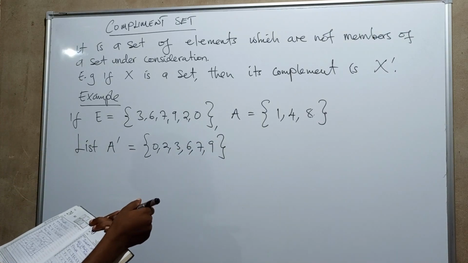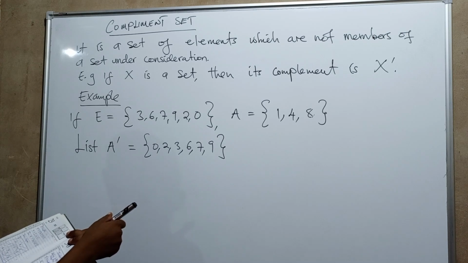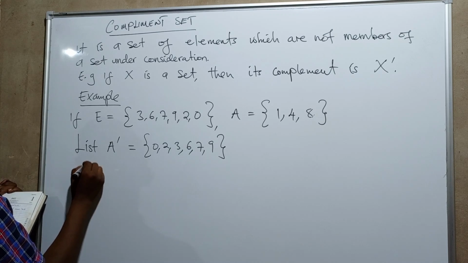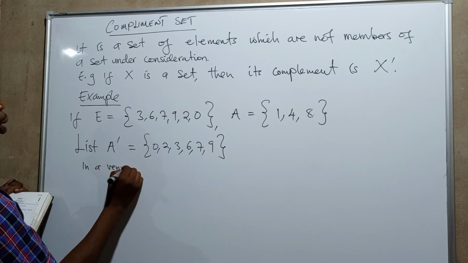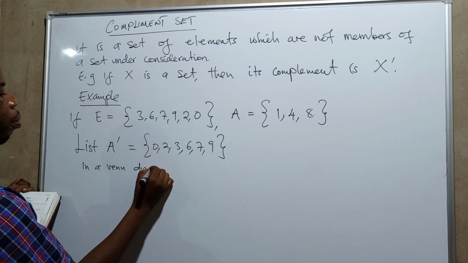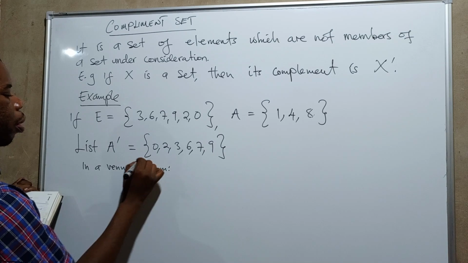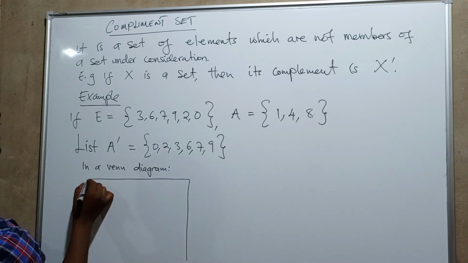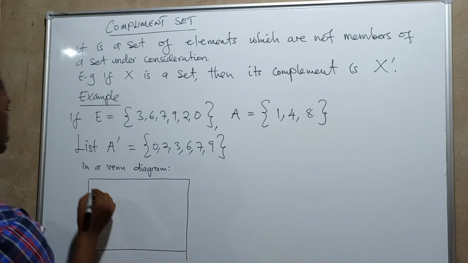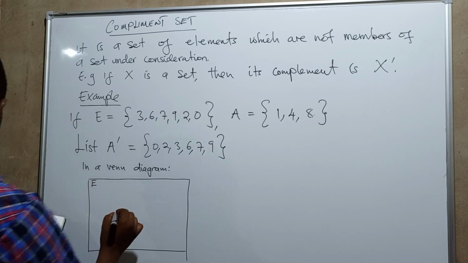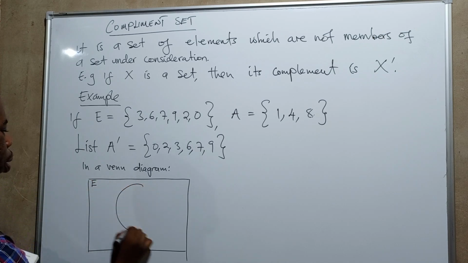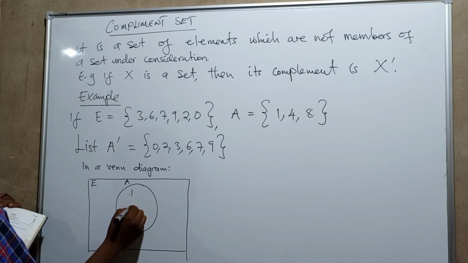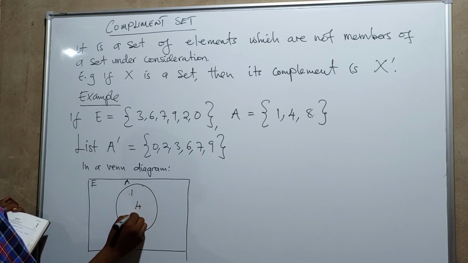Now, in terms of a Venn diagram, how can we show this information? Let's say we have a Venn diagram like this. Then you have the universal set, and set A here. Inside set A, we have only 1, 4, and 8.